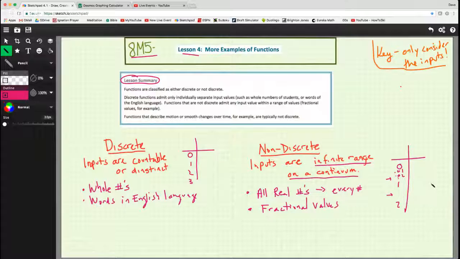Now, one key is you only look at the inputs.